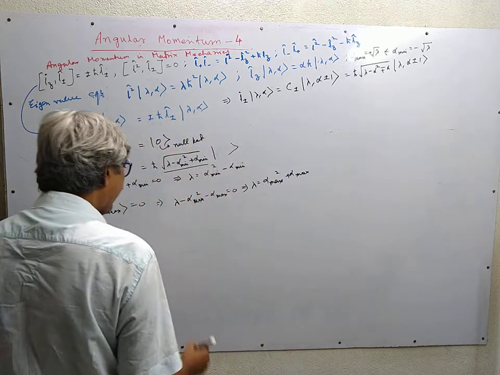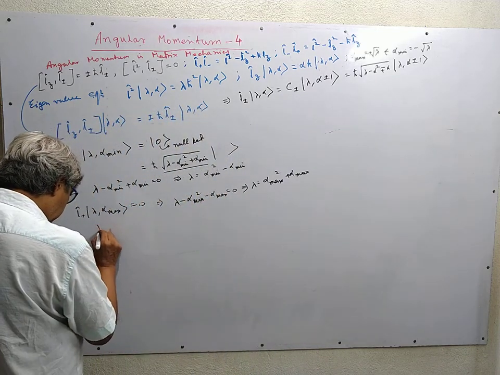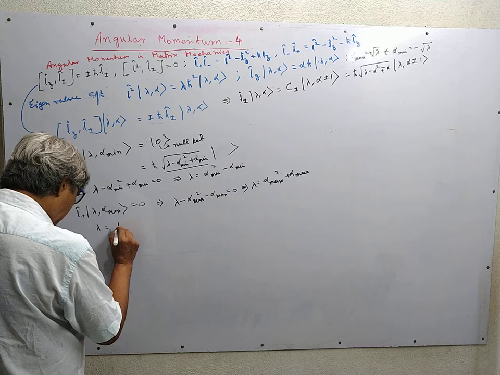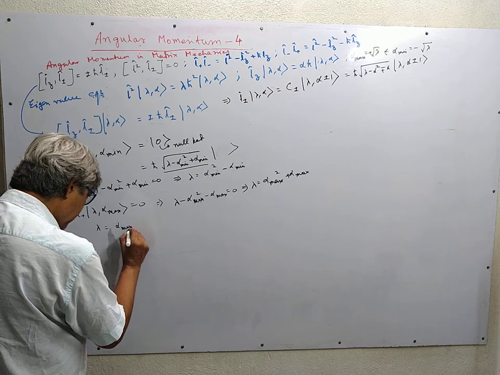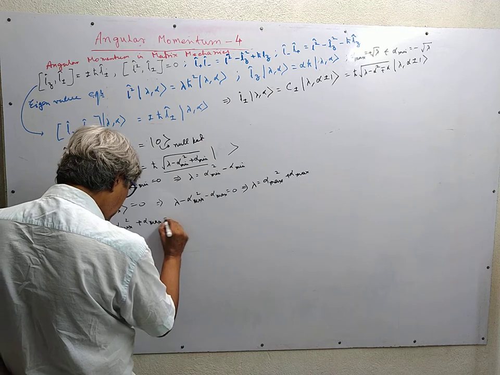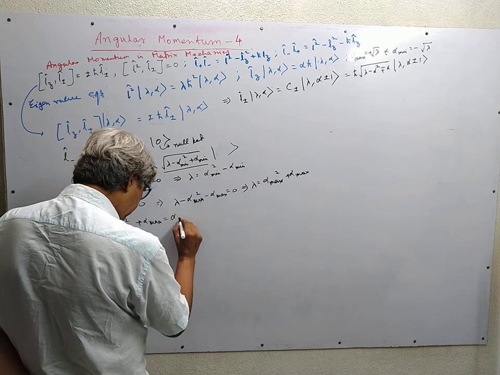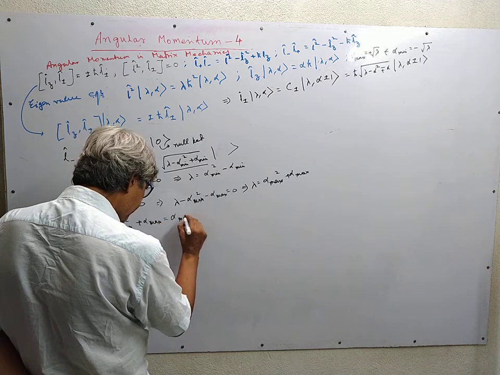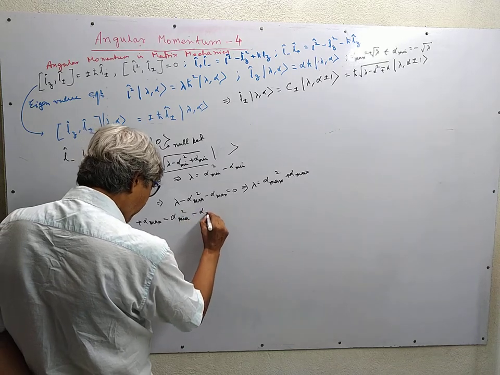If we compare two lambda values, lambda is equal to alpha max square plus alpha max is equal to alpha min square minus alpha min.